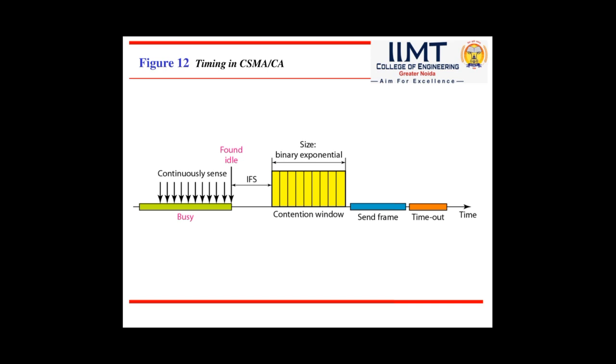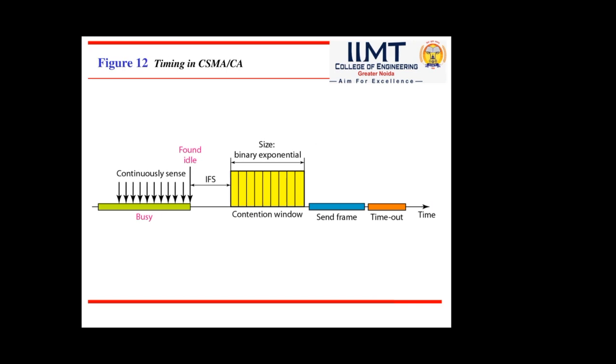It uses slots by the power of 2, 2 raised to the power 0: 1, 2, 4, 8, 16, 32, like this. This slot will be used by station 1. Similarly, the other stations will send data in this contention window. After this reservation, they send the frame, and the timeout is the time needed to detect whether the data is successfully transmitted or not.